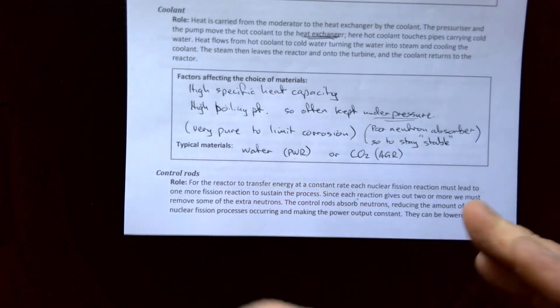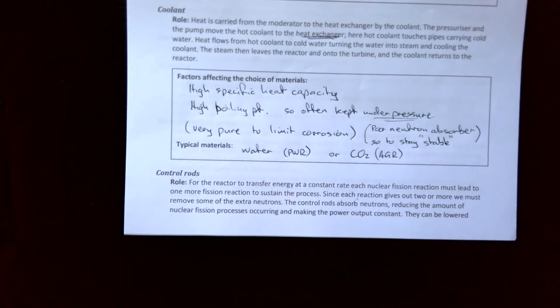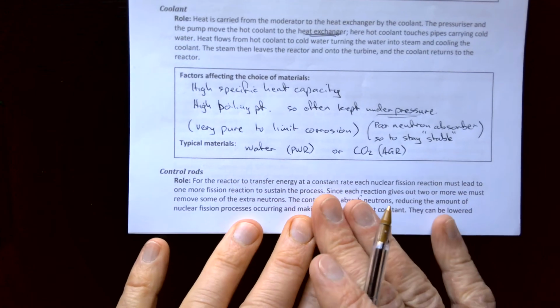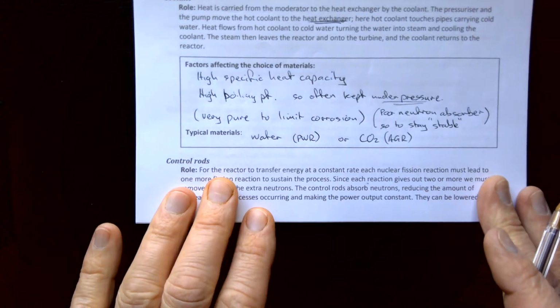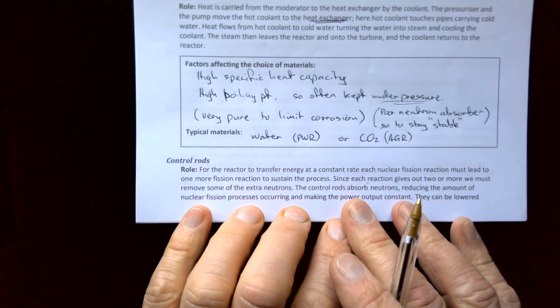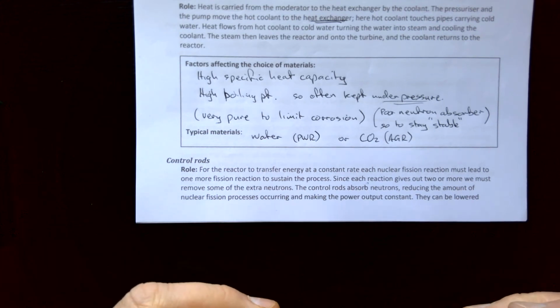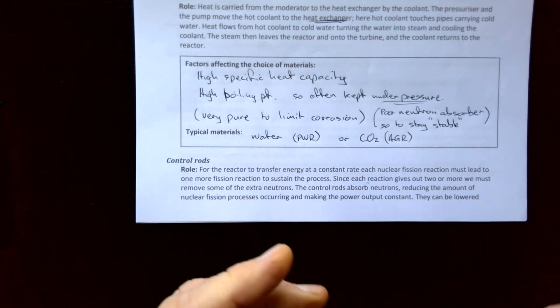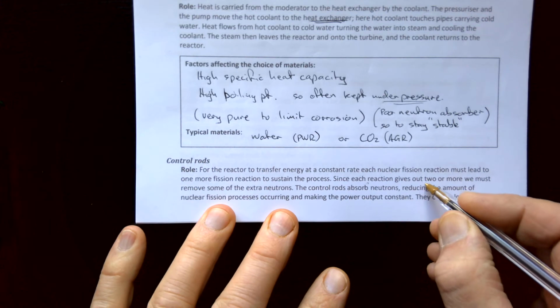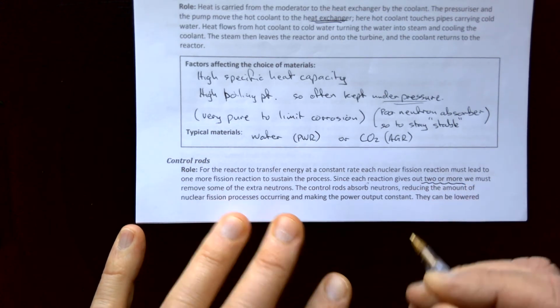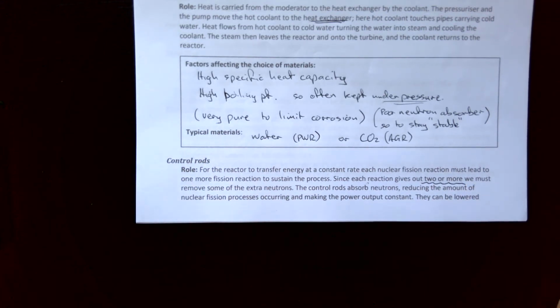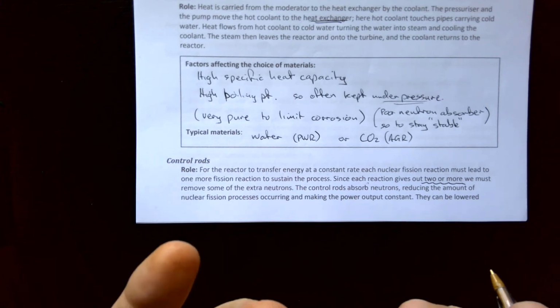So real life is a bit more complicated, but on the assumption of all of them getting through anyway, we need to be able to absorb and take away some of those neutrons that are coming out. The key point I wanted to link again is on average 2.5, which you can't obviously get, so 2 or 3 neutrons are released for every fission.